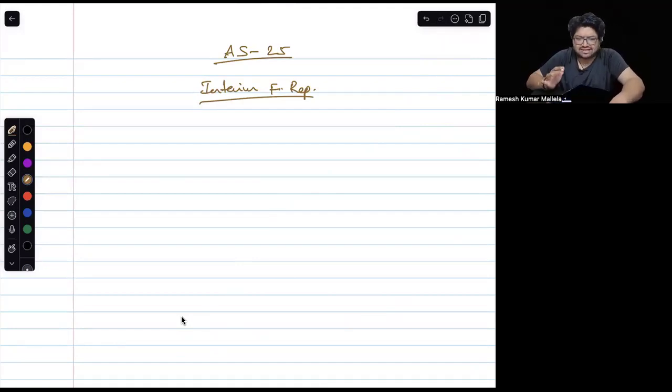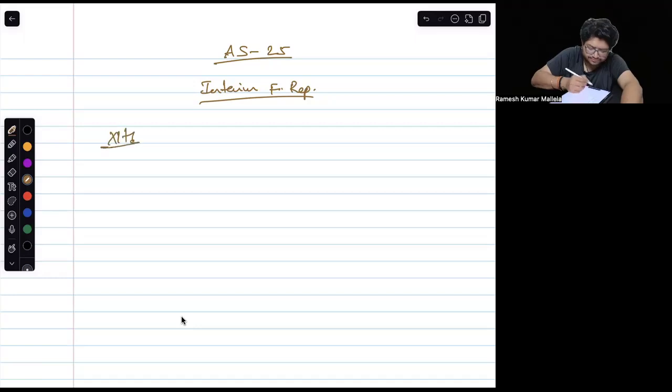Okay, before we get inside the standard, I'll give you a backdrop of the standard. Let's assume there is a company called X Limited, which has built a new concept called a platform play.